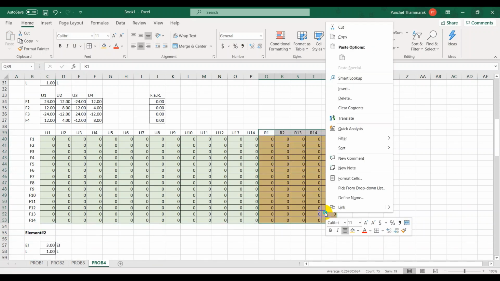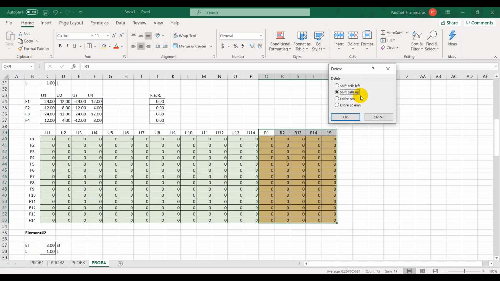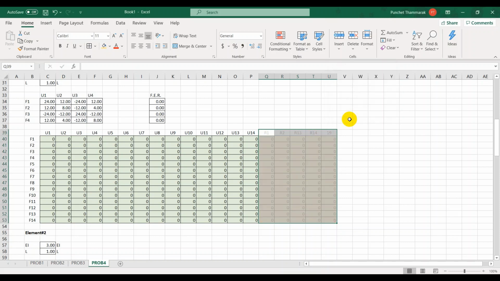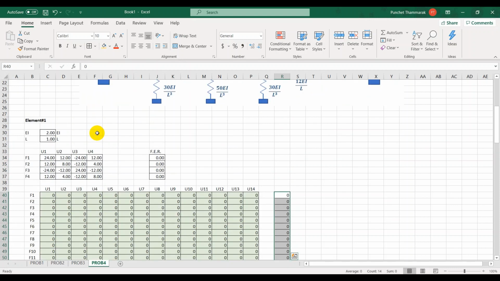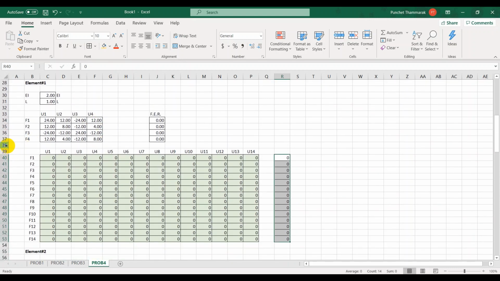I'll delete this. Where can I delete? Yeah, shift cell left. Okay, right. I think I'm going to need to also make the fixed end reaction vector there. So I drop the 0 first, reduce the size a little bit. Okay, so let's start with element number 1.